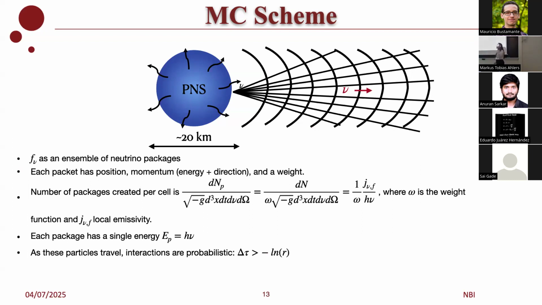Instead of tracking each of the 10^52 neutrinos and considering interactions and evolution for each of them, we maybe introduce 100 Monte Carlo particles, each of which will have correspondingly 10^50 neutrinos in it.